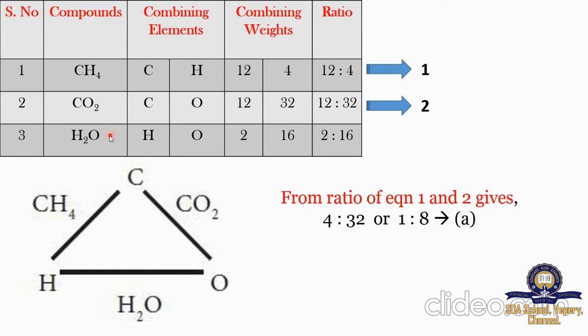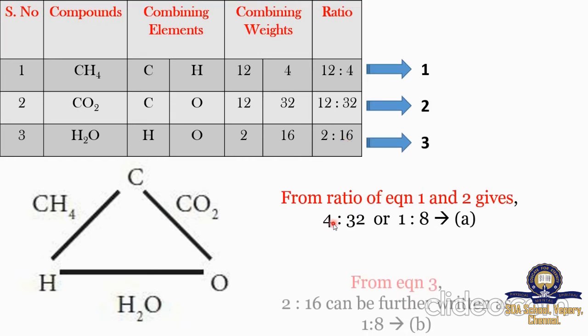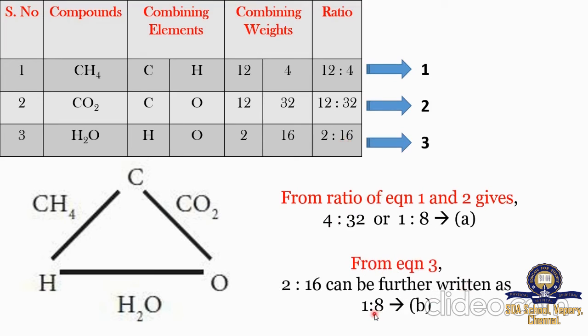Since hydrogen has 2 atoms in H2O, the mass of hydrogen is 2 into 1, which gives 2, and the mass of oxygen, we already know it is 16. So the mass ratio would be 2:16. Let us consider it to be the third equation. Now this third equation can be further written as 1:8. It is divisible by 2, right?